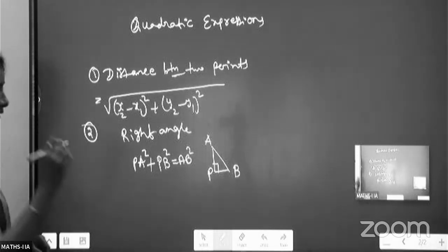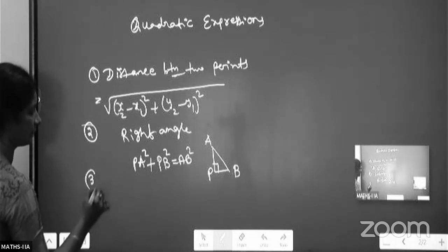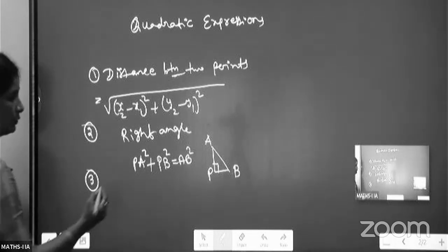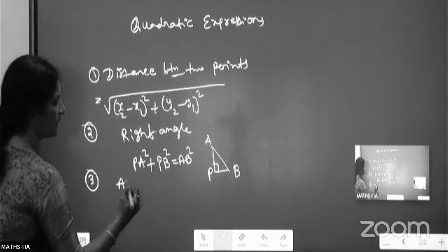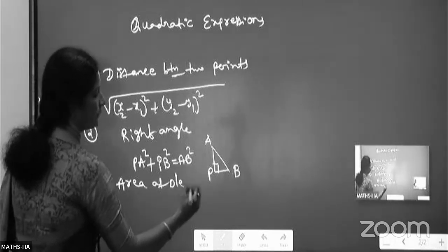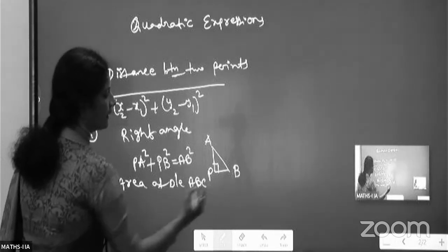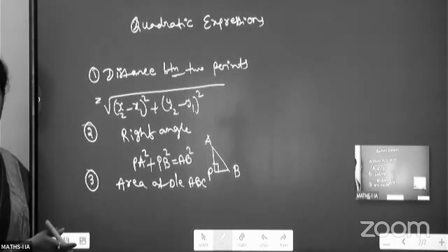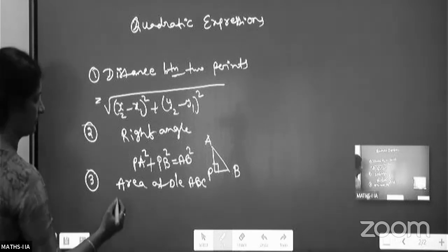Then third, the last formula in this chapter, which we are going to use mostly: area of triangle ABC. When three vertices of a triangle are given, how to find out the area?